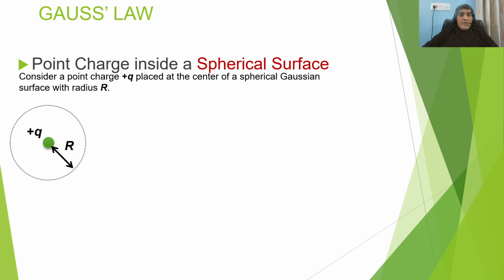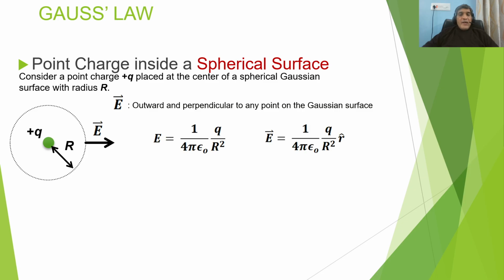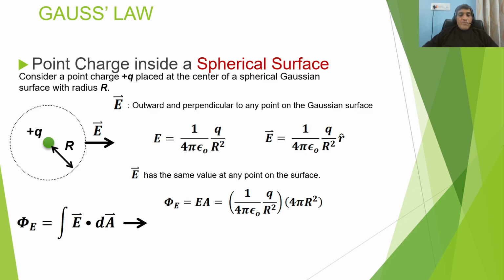Basically, this is a point charge inside a surface, and if we want to calculate the electric field for this charge configuration, we have to draw an imaginary surface, a Gaussian surface, shown by the dotted circle, and the radius of this surface is capital R. It is the radius of the Gaussian surface.